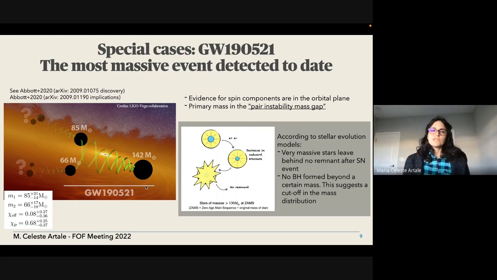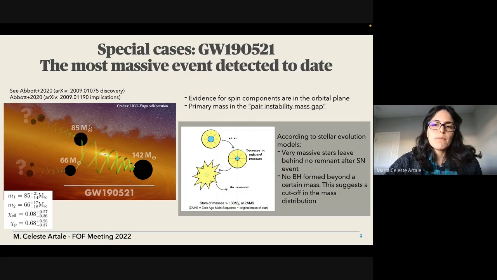Why is it so interesting? Because the primary black hole, the most massive one, is in what we call the pair instability mass gap. According to stellar evolution models, very massive star systems leave behind no remnant after the supernova event.